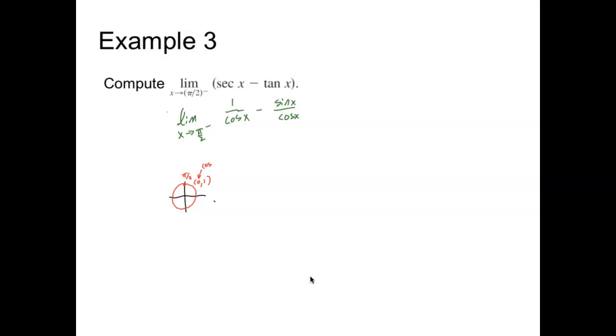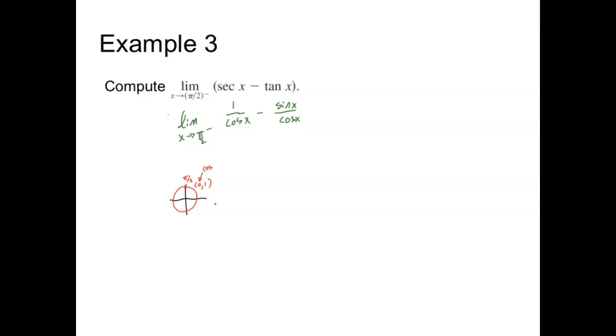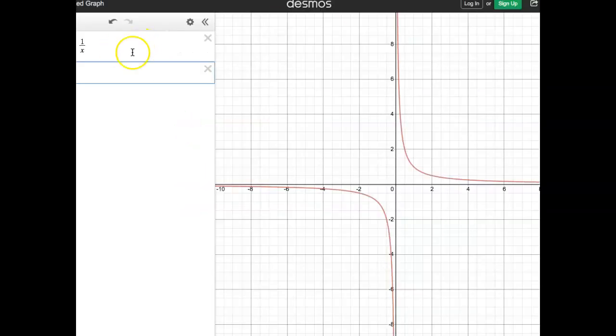So whenever I take 1 over something that's getting closer to 0, the whole fraction is going to get closer to infinity. And the other way we could deal with that is to just graph it and verify graphically what's going on as we get close to pi over 2, right?